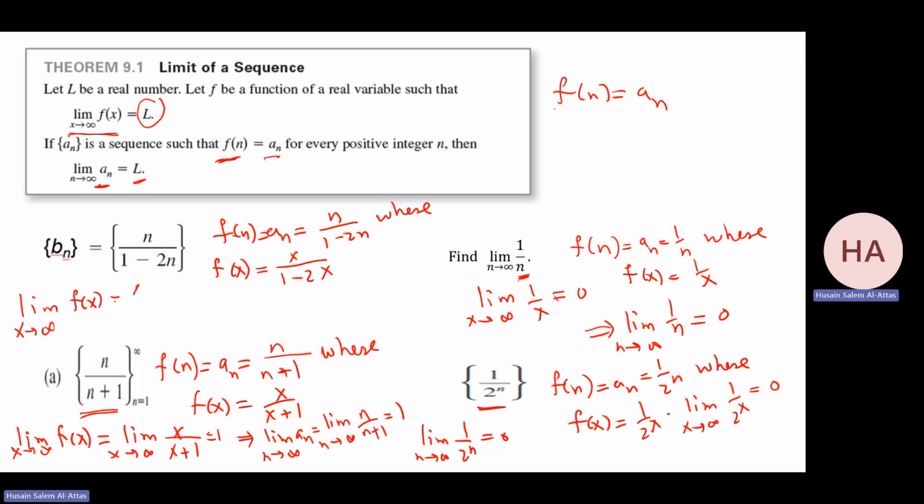It will be the limit as x goes to infinity of x over minus 2x, same degree. So that will be minus half. So that means the limit of a_n will be minus half.